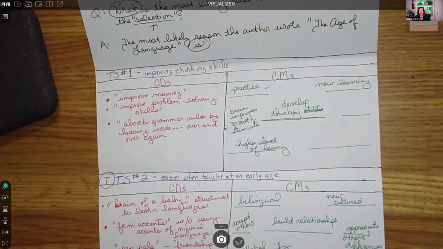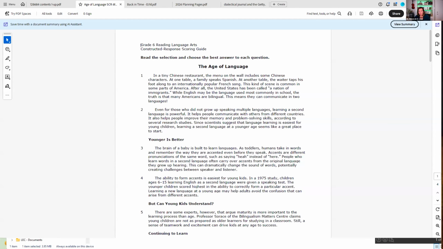So if it's an ECR, for example, I'm sorry, if it is an SCR, I'm going to write: learning a new language is easier when taught at a younger age. And I'll send this to you if you'd like. And that's, of course, blue because it's my topic sentence, right?